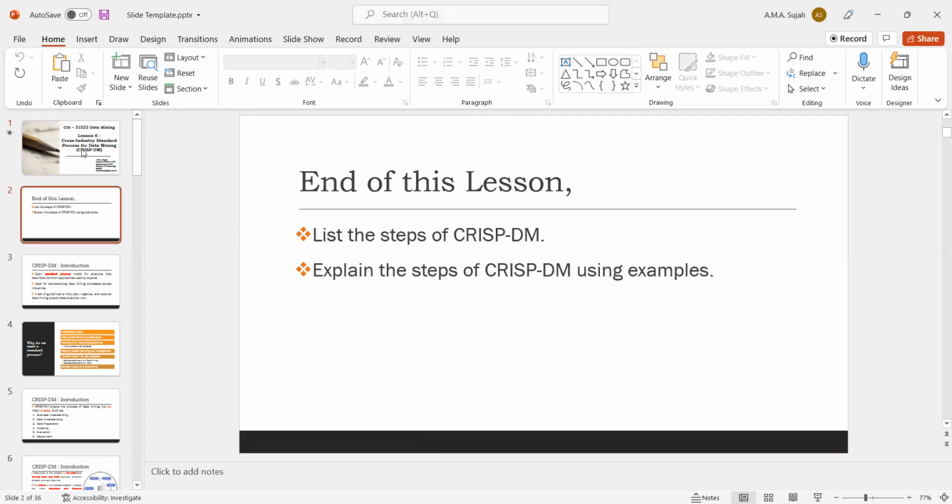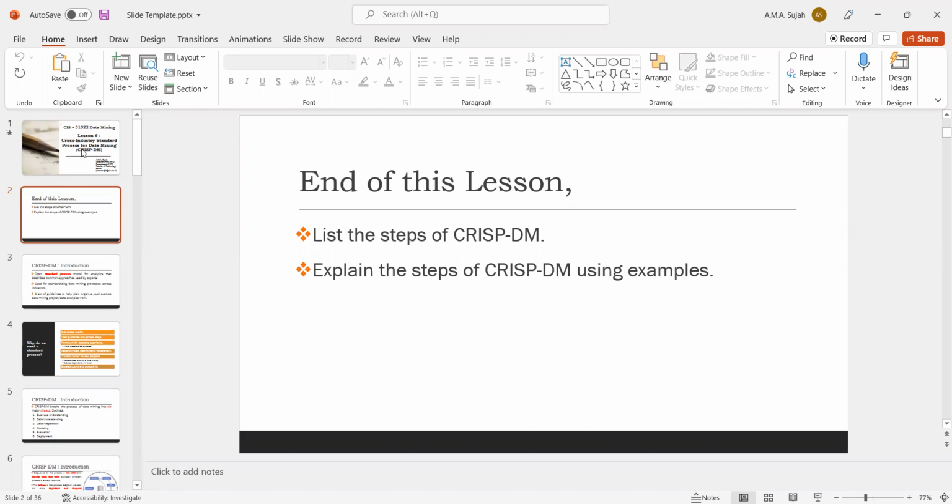By the end of the session, you will learn what steps you need to follow whenever you are developing a data mining project. Whenever you apply the Cross-Industry Standard Process for Data Mining, you must follow some steps. There is a flow, a sequence of activities you need to follow. Then only you can achieve your goal, your objectives.